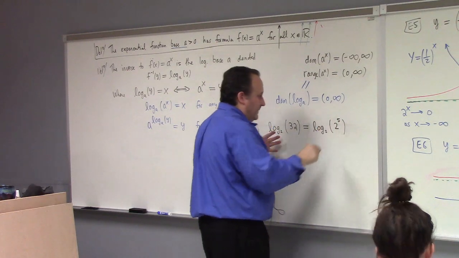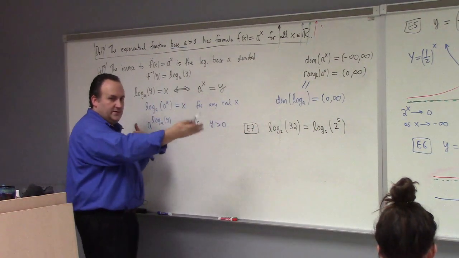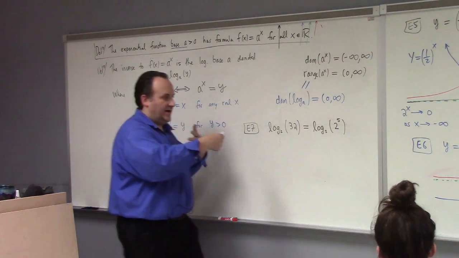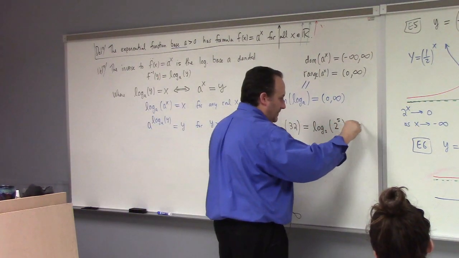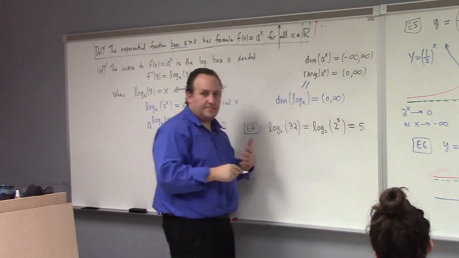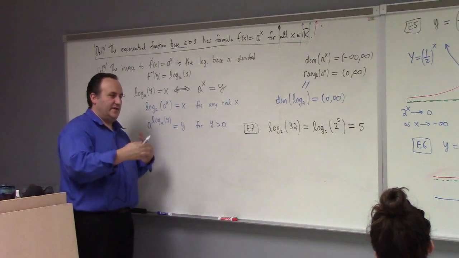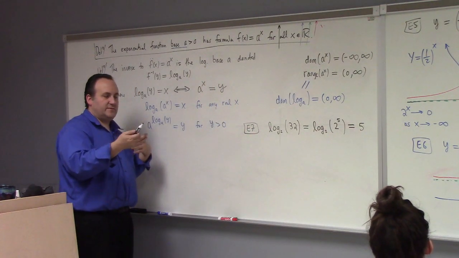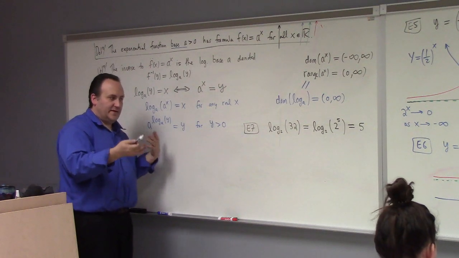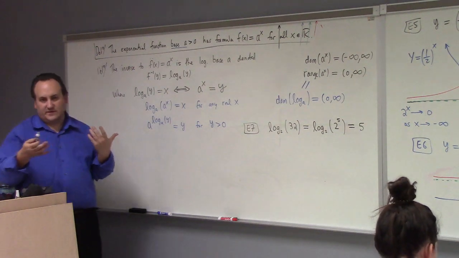Aha! Therefore, this is equal to 5. All right? Why is log base 2 of 32 equal to 5? That is true because 2 to the 5th is equal to 32.